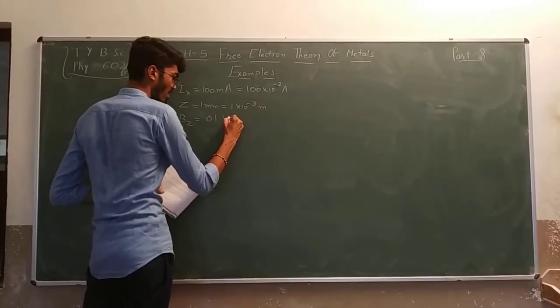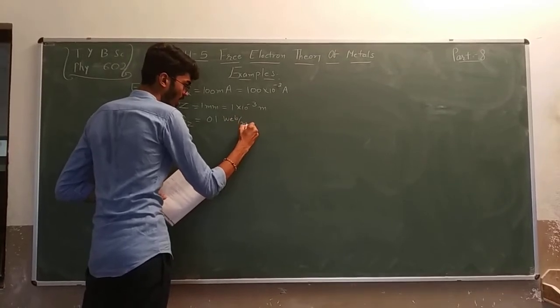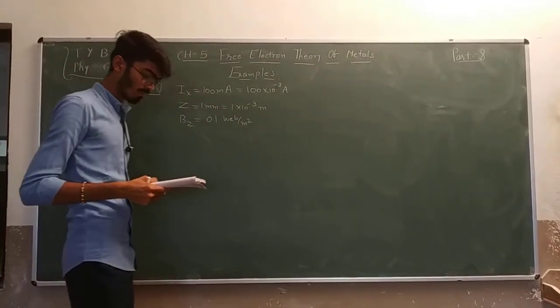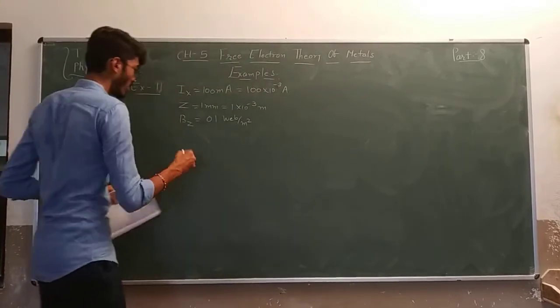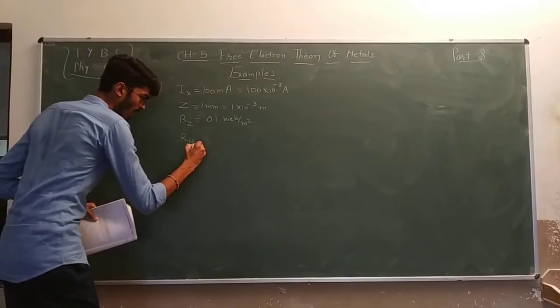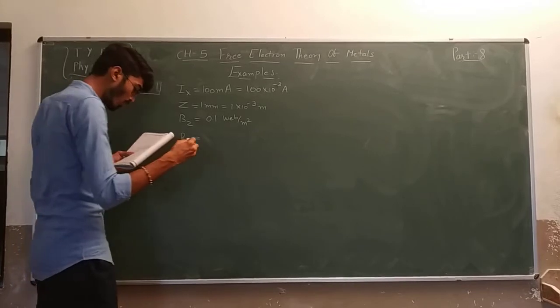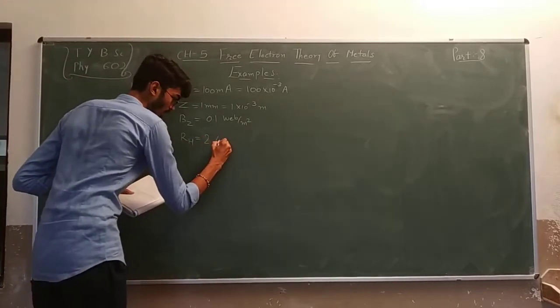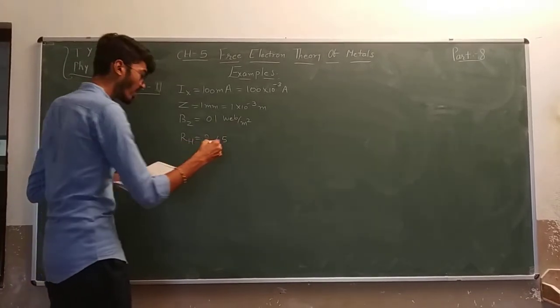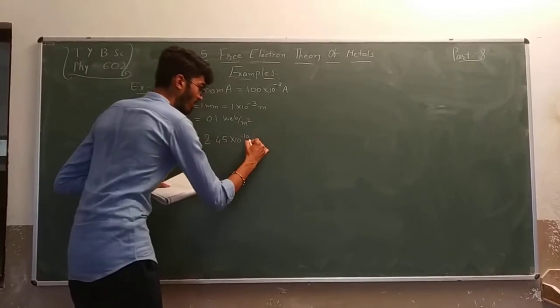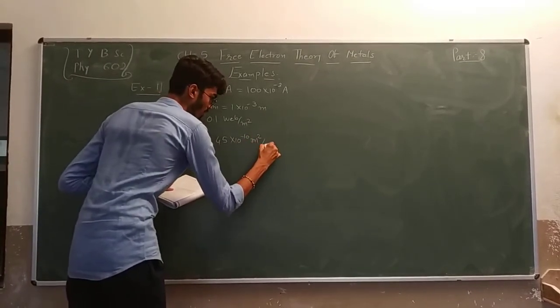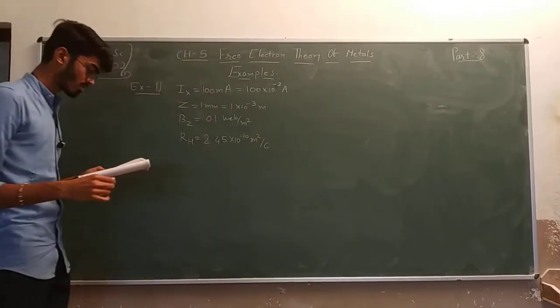That means 0.1 Weber per meter square. The Hall coefficient for sodium, our R of H, is equal to 2.45 cross 10 raised to minus 10 meter square per coulomb.